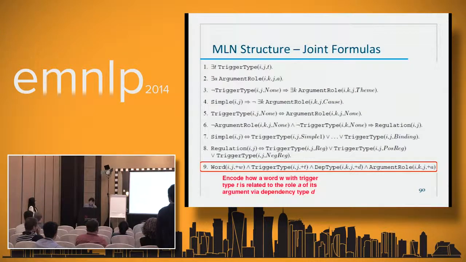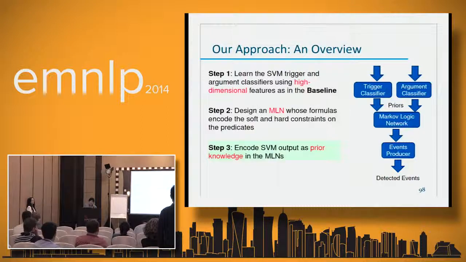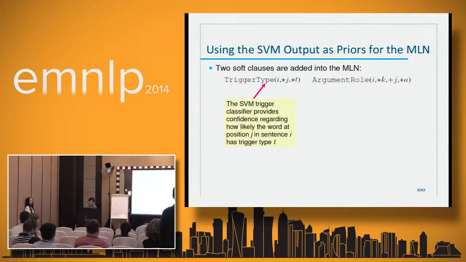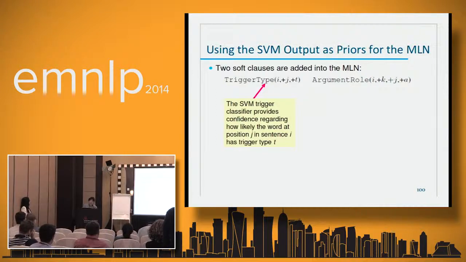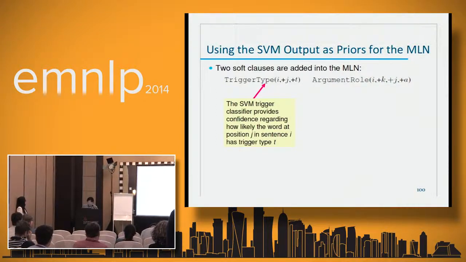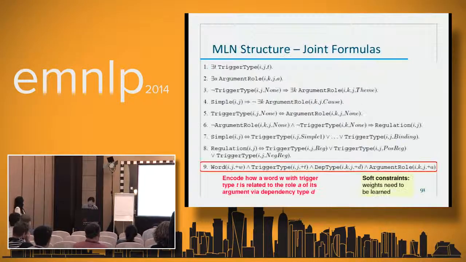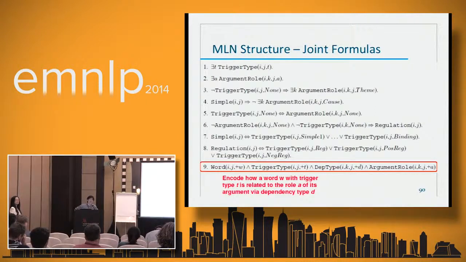So this is a soft constraint. Whereas we also make use of the information provided by the SVM. We use the confidence from the SVM for these 2 soft clauses, so for these 2 soft clauses we do not learn the weights. Whereas if you're talking about this last formula here, we do try to learn the weights from the training data.